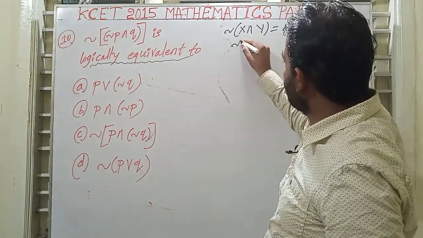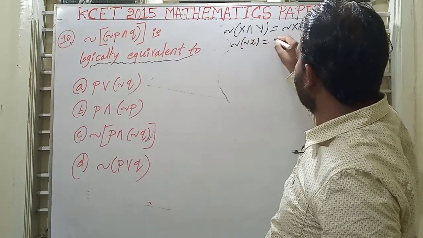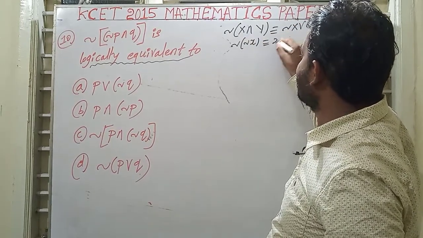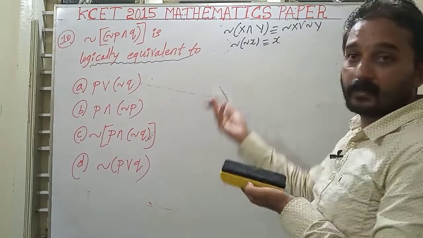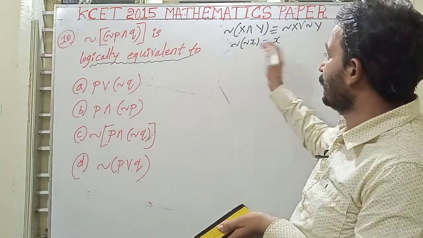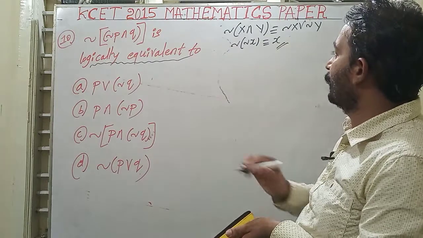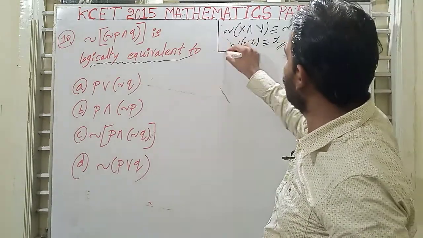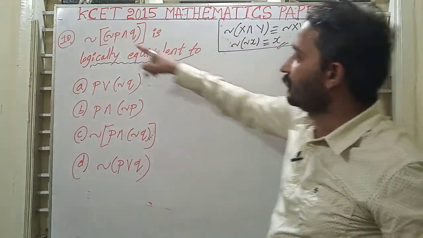So negation of negation x is equal to what? x. A complement whole complement is equal to A. Same way we can write negation of negation x equivalent to x. Using these two formulas, we have to find out the value.